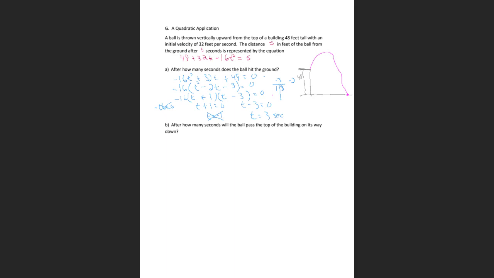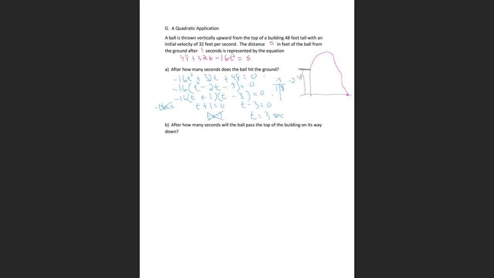So the next question is, after how many seconds will the ball pass the top of the building on its way down? So here, what they're talking about, from my picture, is we're throwing the ball, it's hitting its high point, and what we know is when it passes by the building again.